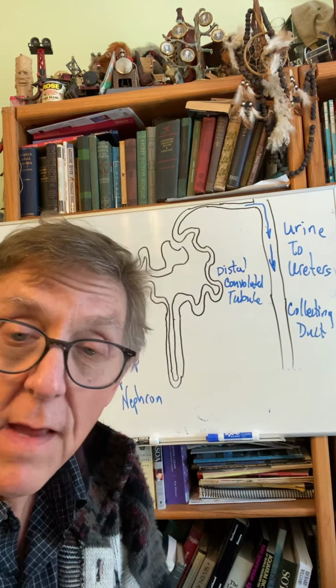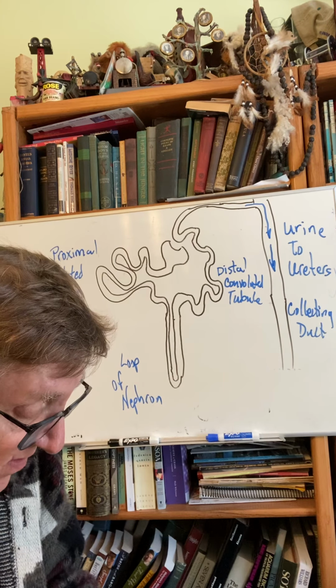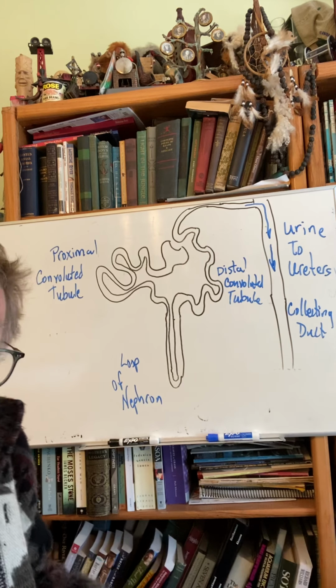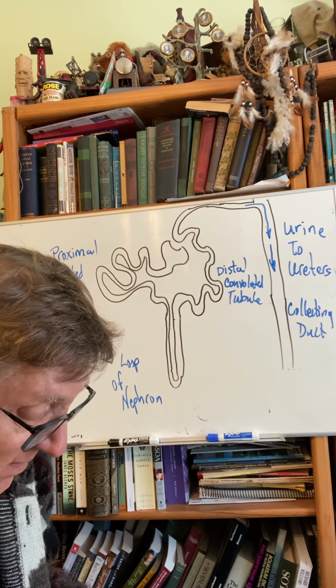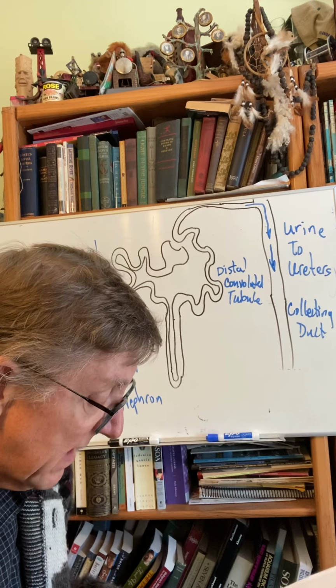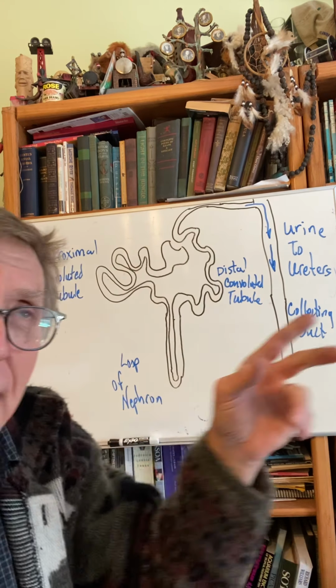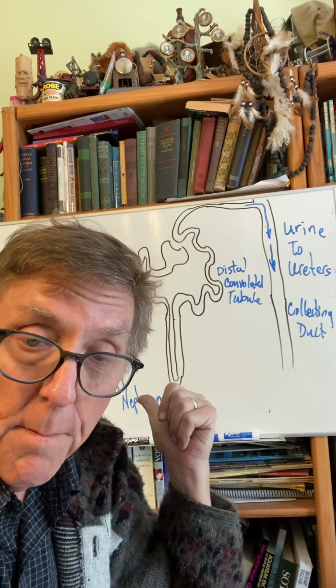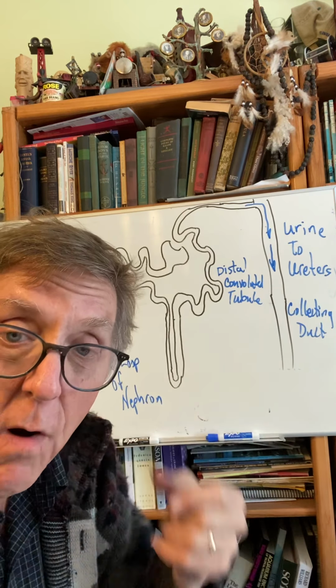And so people that have diabetes have glucose in their urine, and they have a high volume of urine as a result of that. And that is a process called diuresis. It's on slide number 5.